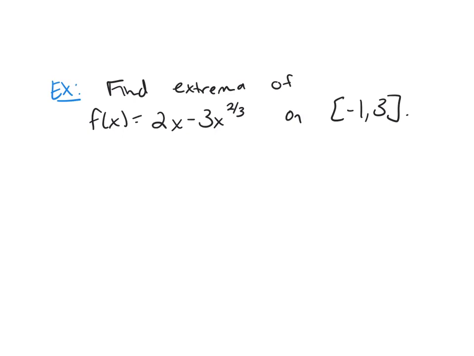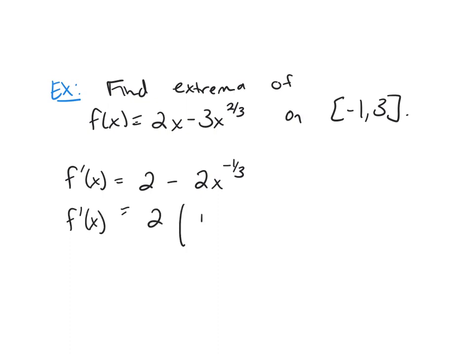So take your derivative, f prime of x. So the derivative would be 2 minus, and then if I take the derivative there, I'll get 2x to the -1/3. So I can factor a 2 out here, and I'm left with 1 minus 1 over x to the 1/3.